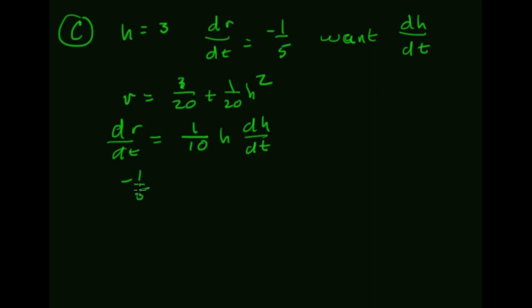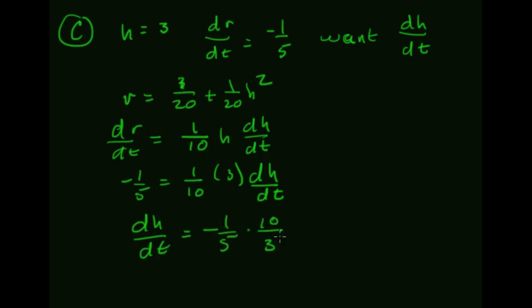This is a -1/5. That's 1/10th times 3 times dh/dt. Well, let's see. That means that dh/dt is going to be -1/5 times 10/3, which is -2/3 inches per second. All right, so that's part C.